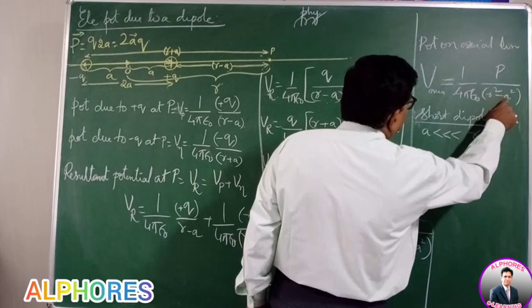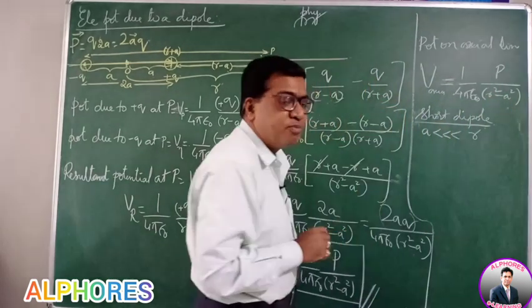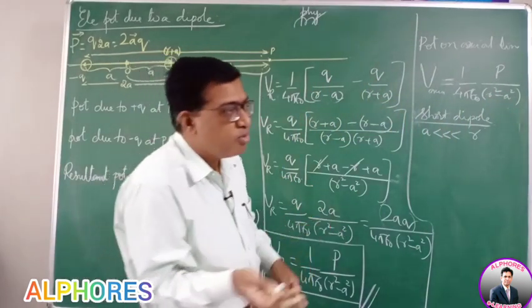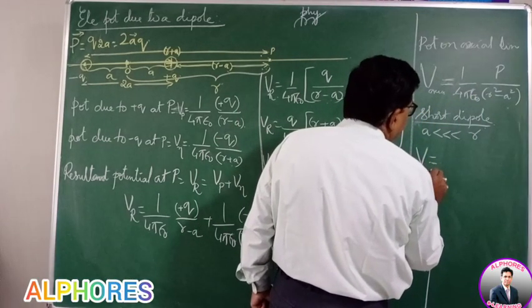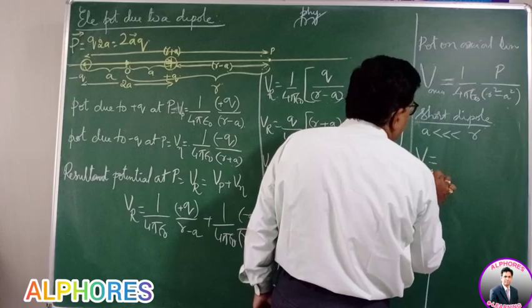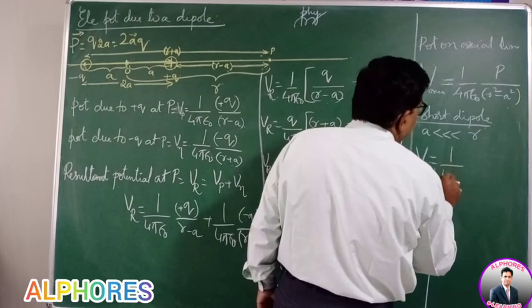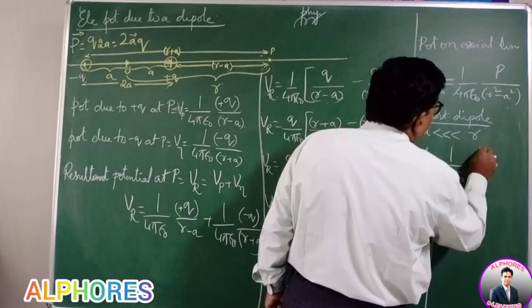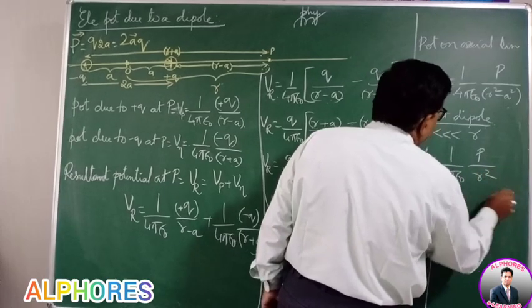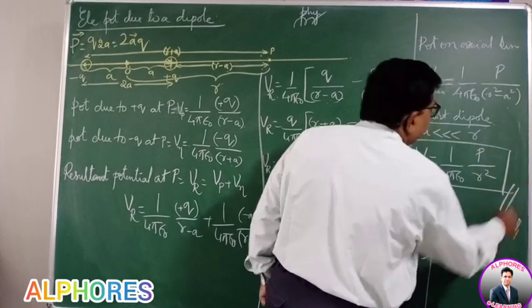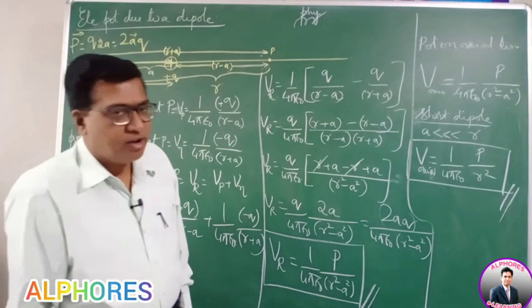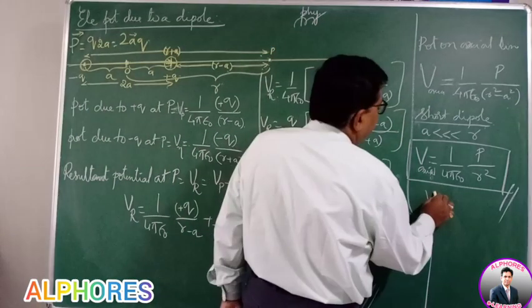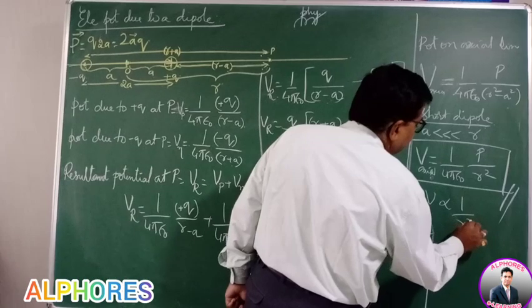So when compared to R, A is negligible. A itself is very small. A square is still small. So neglecting the higher powers of A, potential on the axial line for a dipole is 1 by 4 pi epsilon naught P by R square. This is the formula for the potential at a distance r on the axial line. Well, V is inversely proportional to r square.